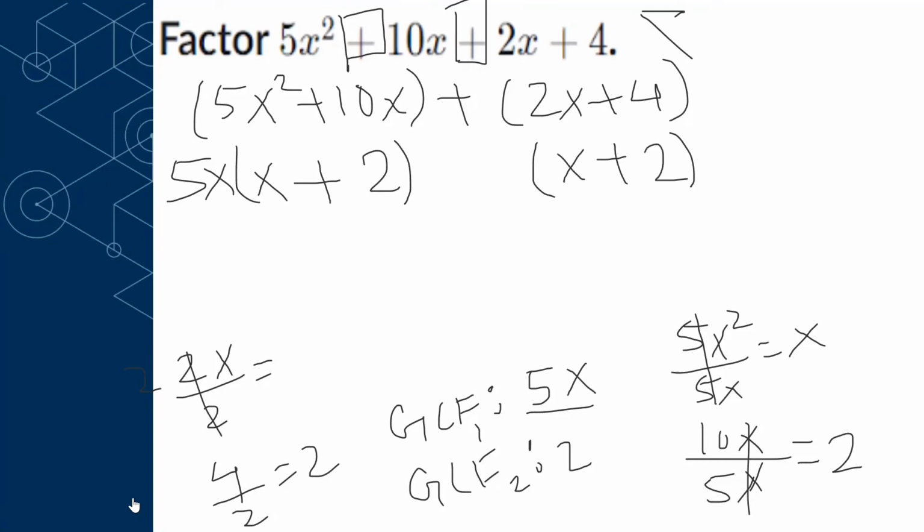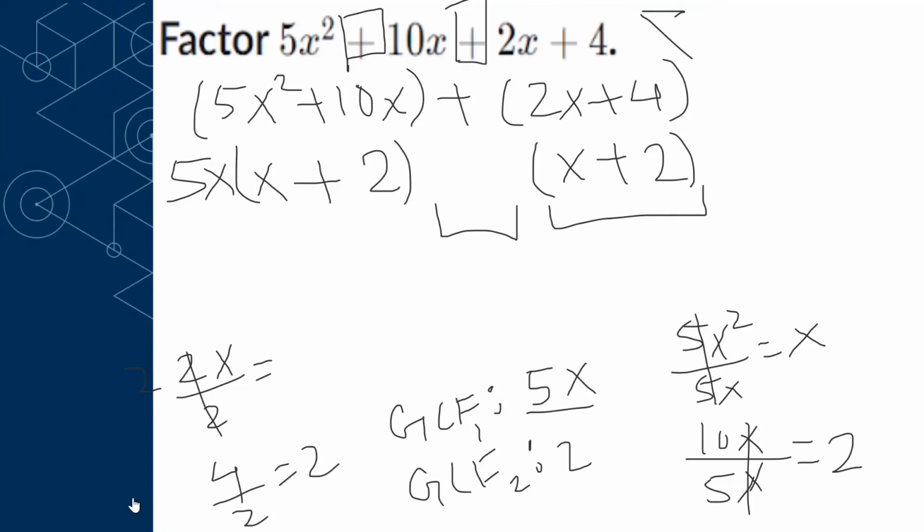Because I know that in order for my grouping method to work, I should have a common factor. So if you already put in a common factor, you ask yourself, what should the GCF be? Because usually you factor the GCF and then you have your common factor. But now you already have the common factor, and now you're trying to figure out the GCF, which is like working backwards. So how do you figure out the GCF?